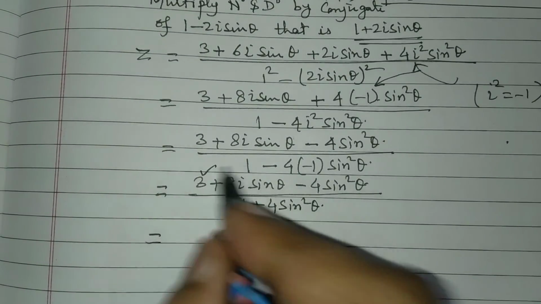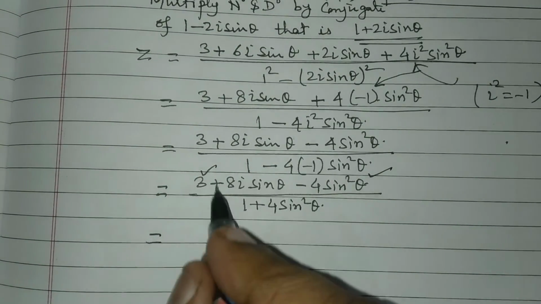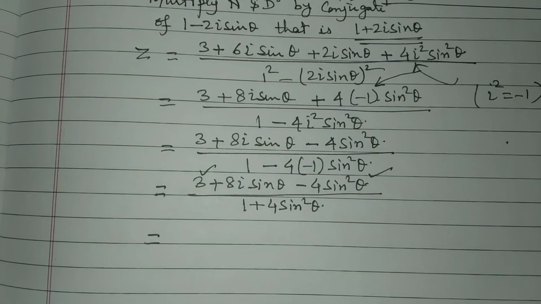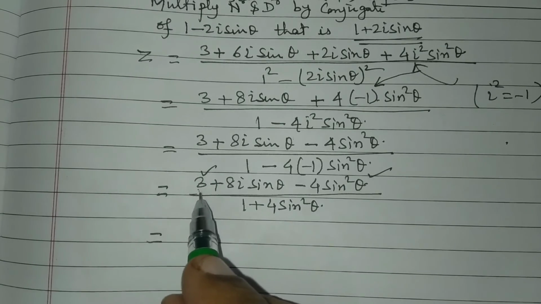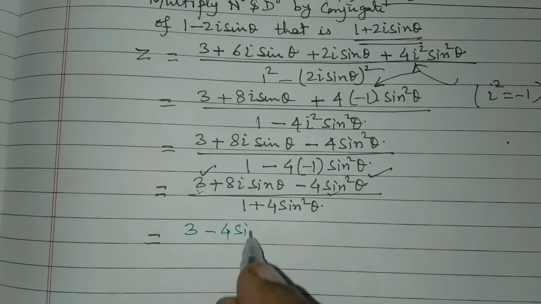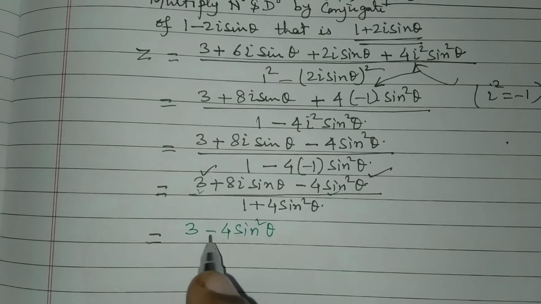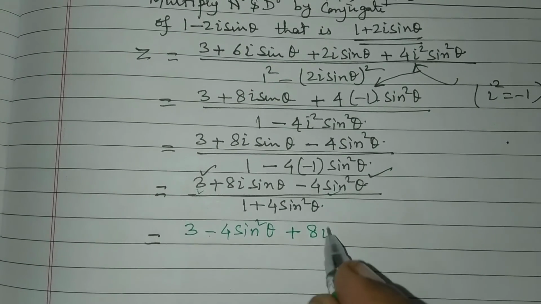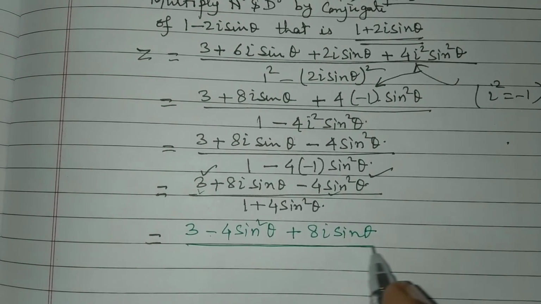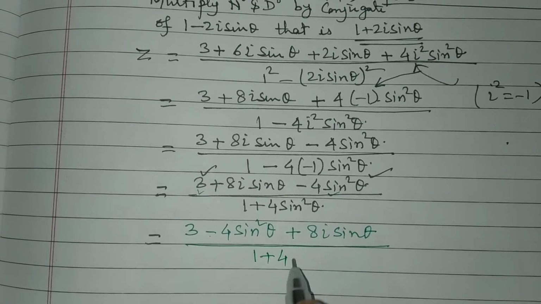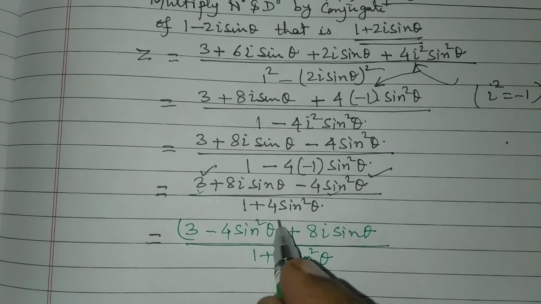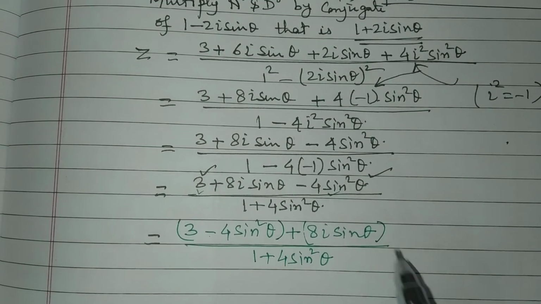Now here the real part is this, and this is the imaginary part. The real part we will write together: 3 minus 4 sin square theta. This is the real part, and the imaginary part is 8i sin theta, divided by 1 plus 4 sin square theta.